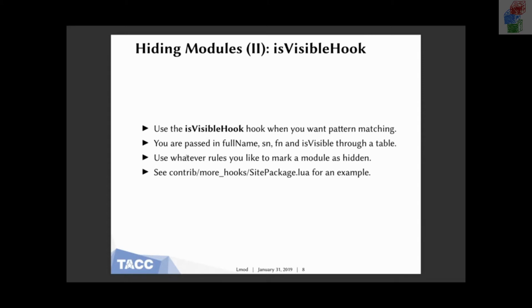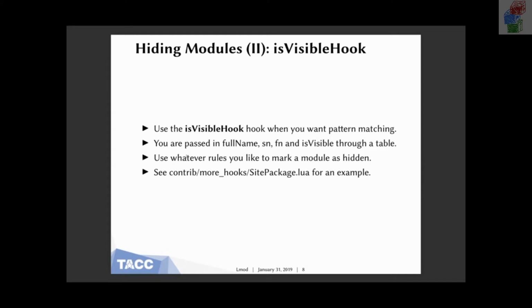So the full name is GCC/7.2 or something, and SN would be GCC, that's the short name, and FN is the file name. And there's an isVisible that is passed to you. So you use whatever rules you want to set isVisible to true or false, and that way you can mark which modules you want to be hidden.